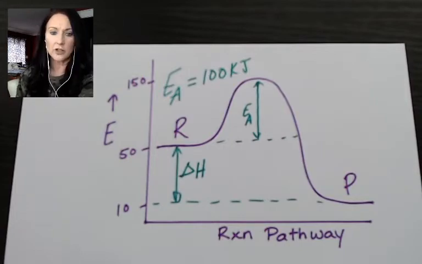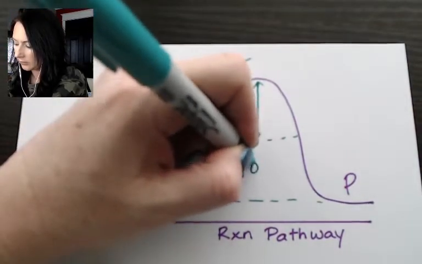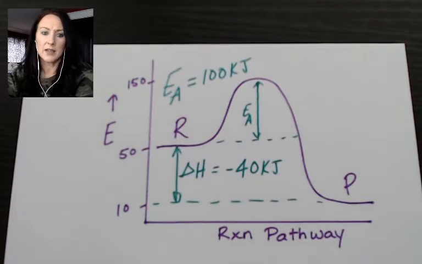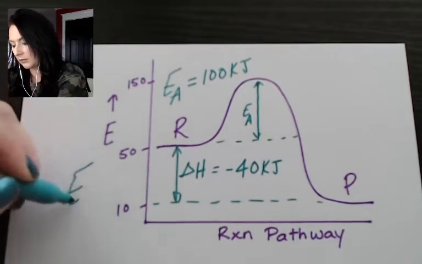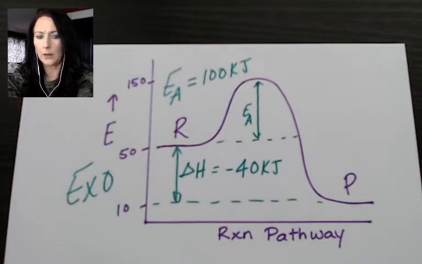So final energy minus initial, 10 minus 50, and that gives me a delta H of negative 40 kilojoules. Because delta H is negative, I now know that this graph is showing me an exothermic reaction. All right, so that's something that you might have to show on this.